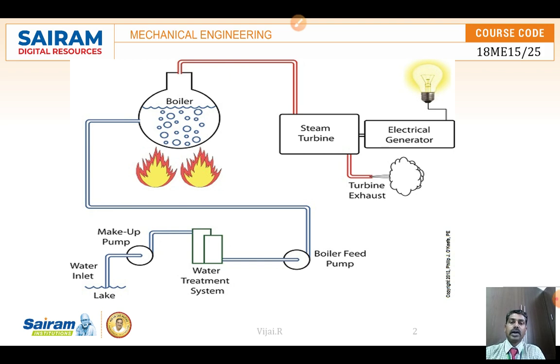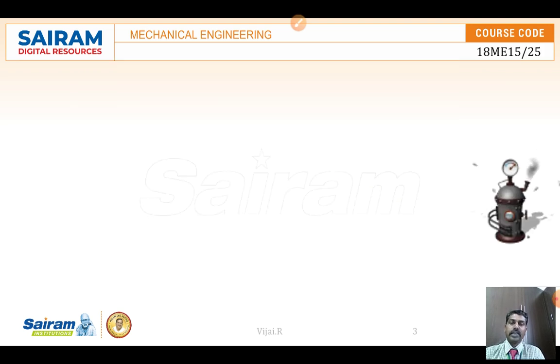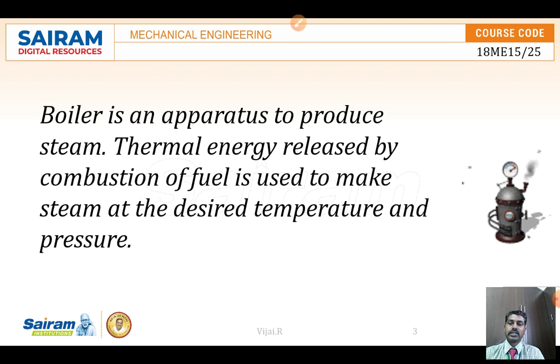The main definition of a boiler is an apparatus used to produce steam by supplying heat through burning coal or any other fuels. By giving the desired temperature, the water gets heated up and becomes steam.